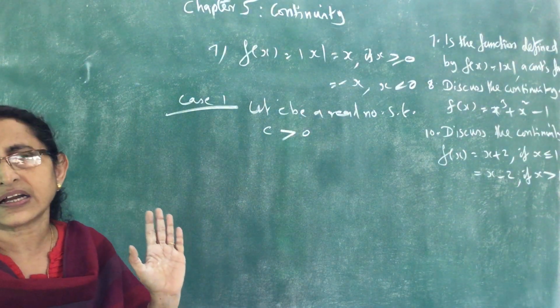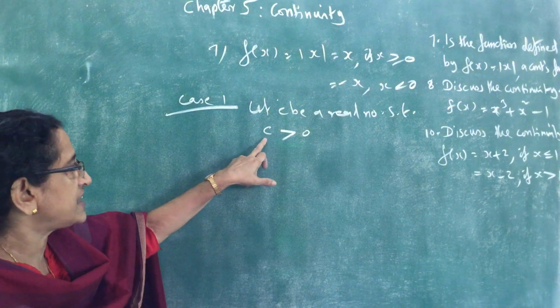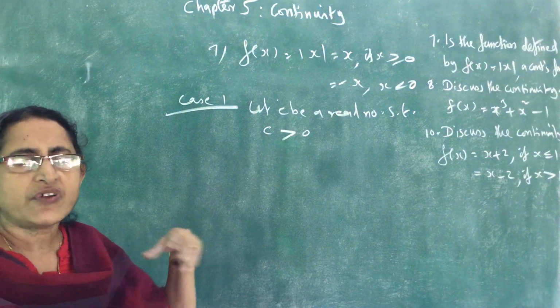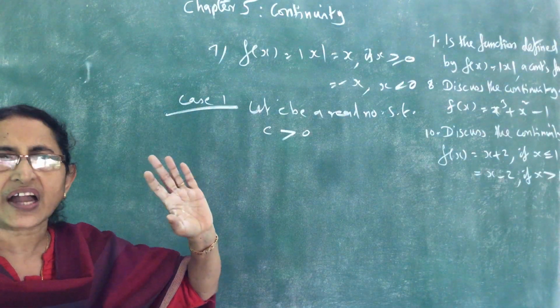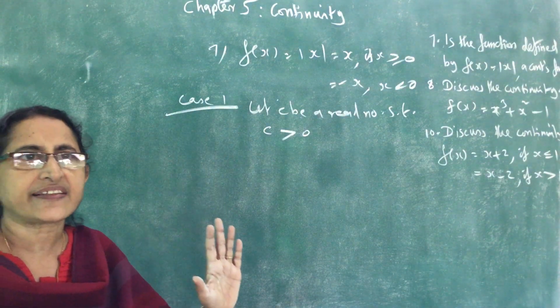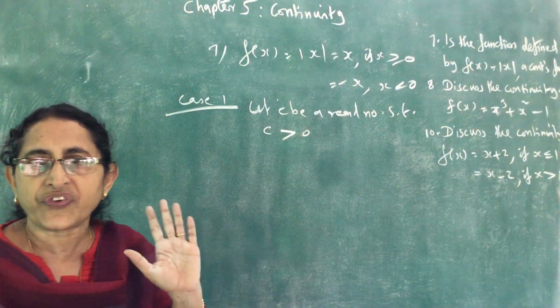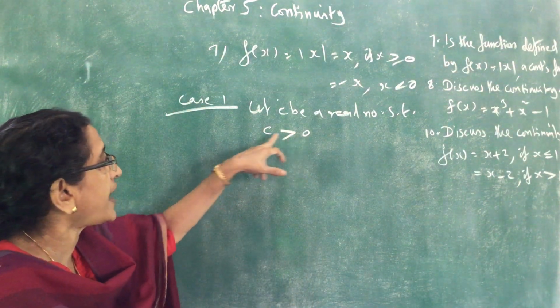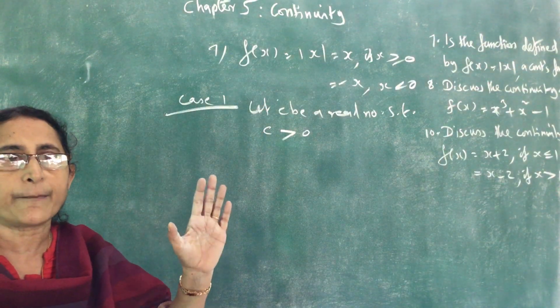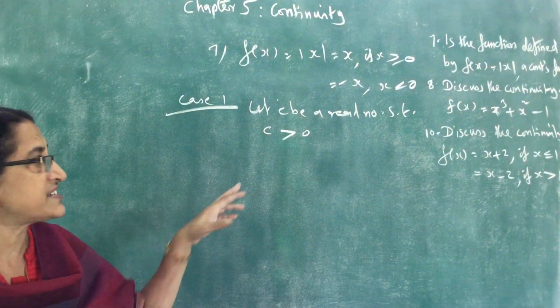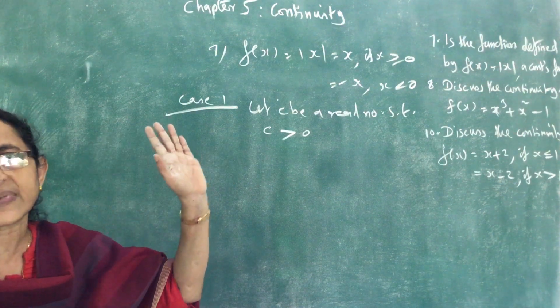Consider a real number C which is greater than 0. Now we will check the continuity at x equal to C. If the function is continuous at x equal to C, we get that the function is continuous at every real number greater than 0, because C represents generally a real number greater than 0. So this C stands for all real numbers greater than 0.